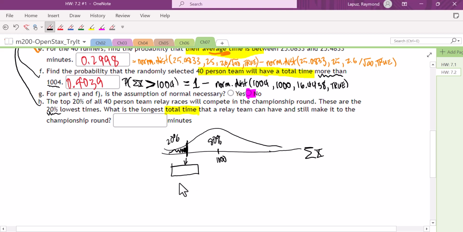And so that percentile is going to be equal to norm.inv for inverse, and then we have the area to the left is 20%, so 0.20, and then the mean is coming from the sum distribution, which is 1,000, and the standard deviation I think was about 16.4438. And then that's it.